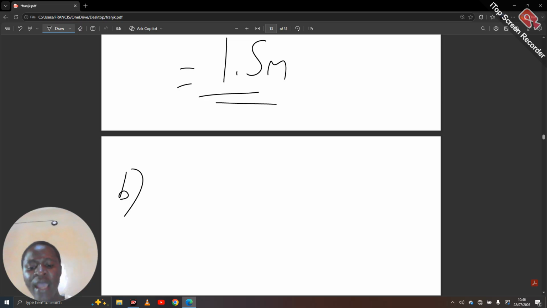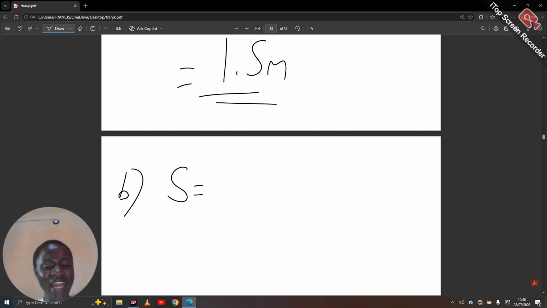Part B: calculate the initial velocity and the initial acceleration of the particle. It is a 2-in-1 question. So calculate the initial velocity. What are we having? We are having S, the displacement.